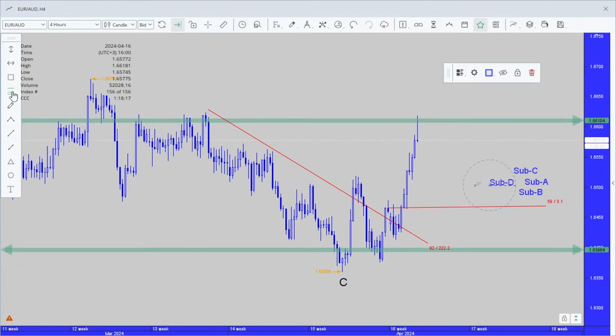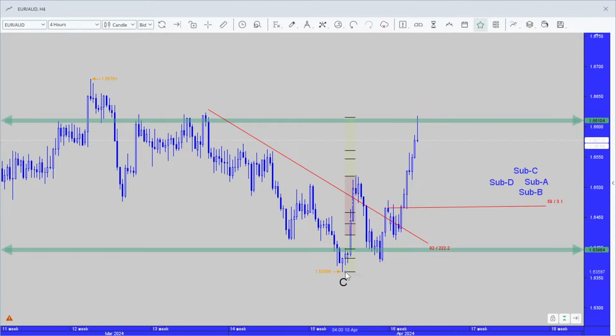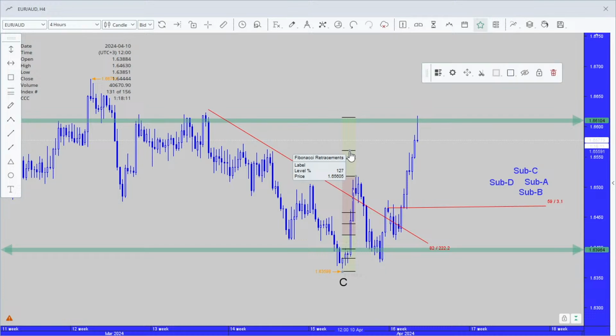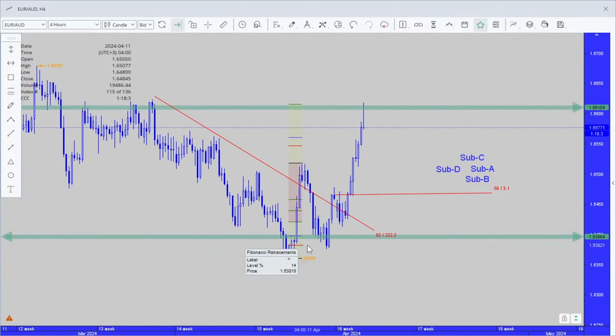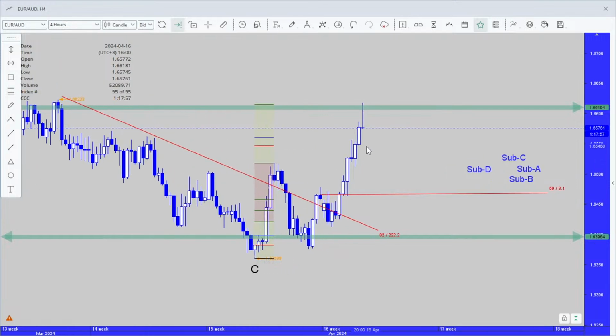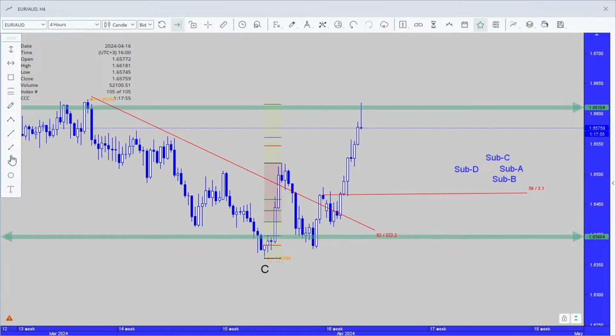So I need to start charting the Fibonacci of the confirmation. We've learned that most of the time the Fibonacci of the confirmation starts on the C. And as you can see, everybody, the market hit the red one, so this is the extension now. This is the 4-hour chart. I'm going to project it.